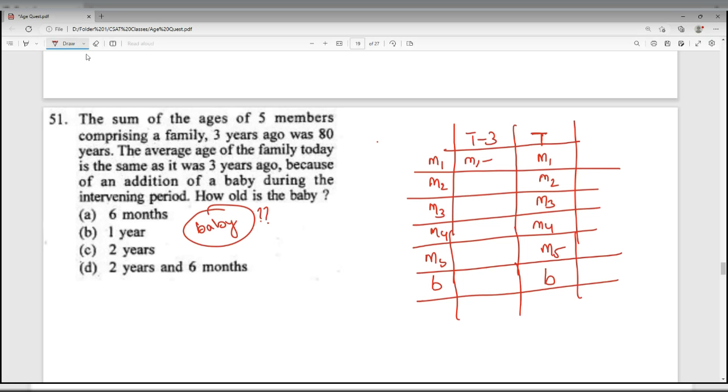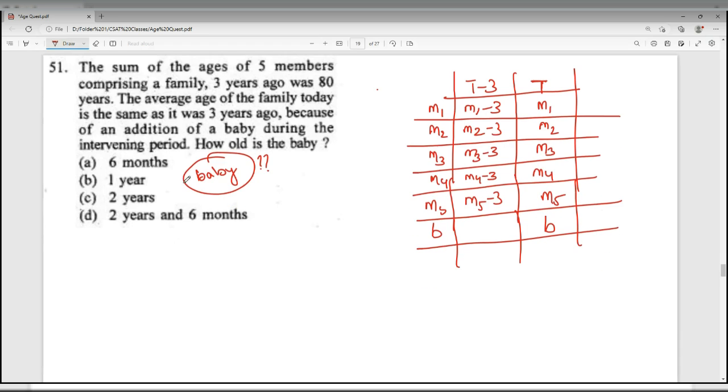Then their ages are M1 minus 3, M2 minus 3, M3 minus 3, M4 minus 3, and M5 minus 3. What they're saying is 3 years ago, the sum of their ages was 80 years. So M1 minus 3 plus M2 minus 3 plus M3 minus 3 plus M4 minus 3 plus M5 minus 3, and this was 80.